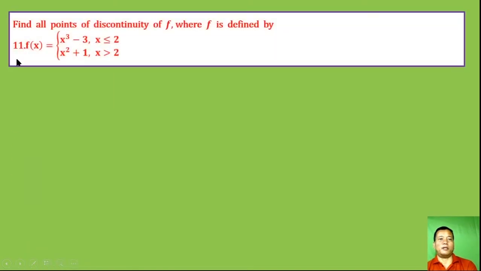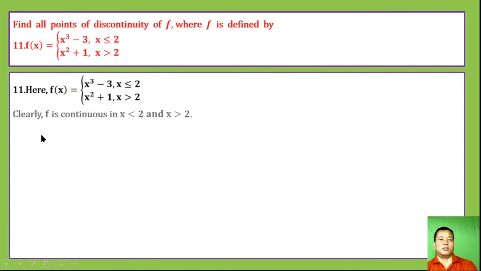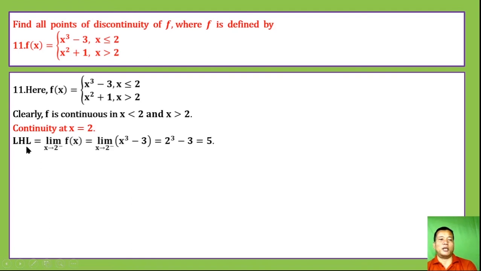Question number 11. Let's see. Clearly f is continuous for x less than 2 and x greater than 2. The function is continuous for real numbers less than 2 and greater than 2. Continuity at x equal to 2. Test the continuity at 2. Left hand limit at 2 is 5.